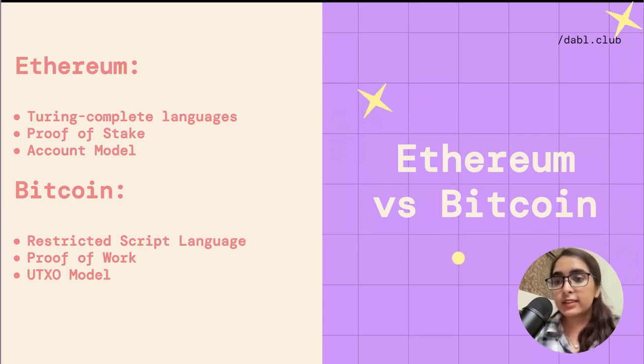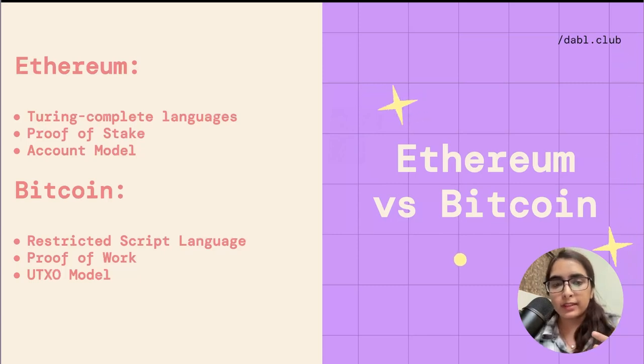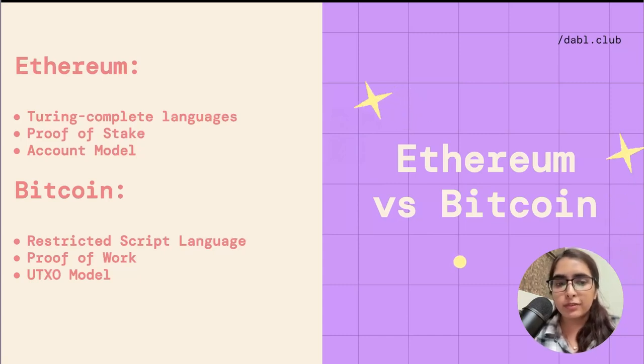Let's discuss the account model and the UTXO model. The account model that Ethereum utilizes tracks balances in accounts. It directly updates the sender's and receiver's balances for each transaction.